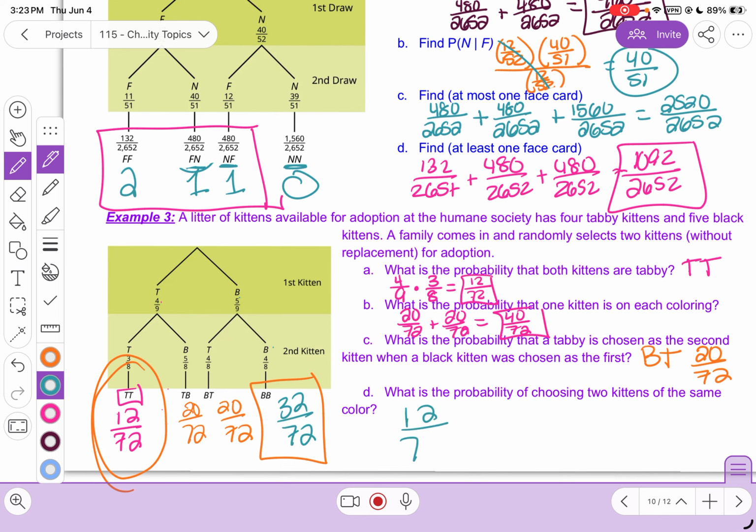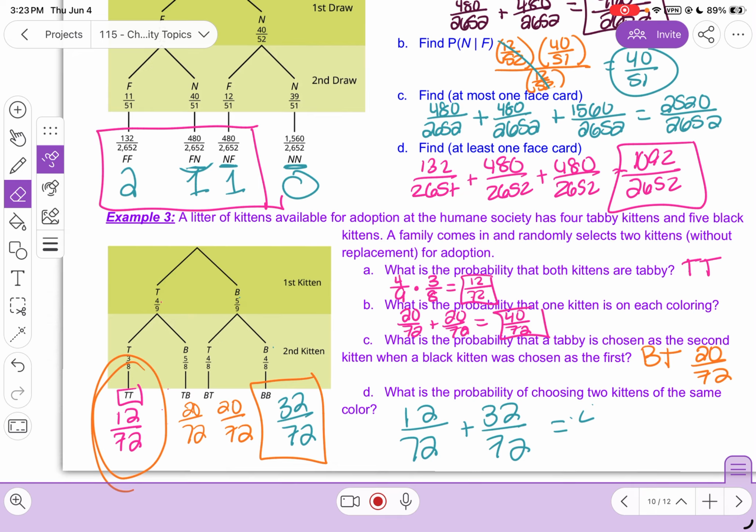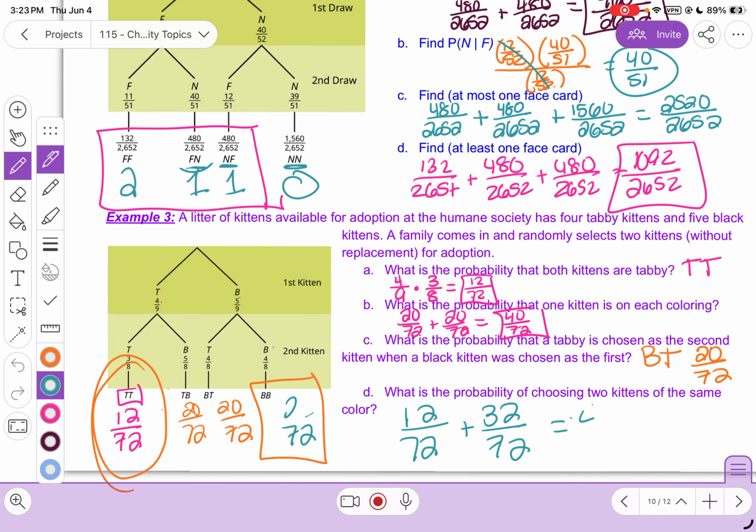So 12 out of 72 plus 20 out of 72. I pre-added. Okay, 20 plus 12 is 32. So 32 out of 72.